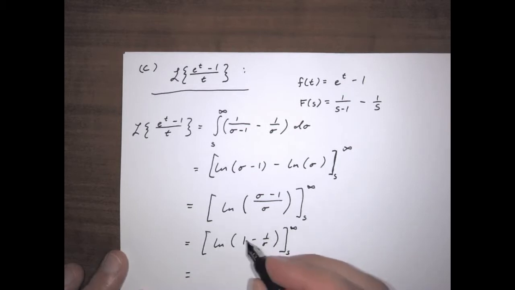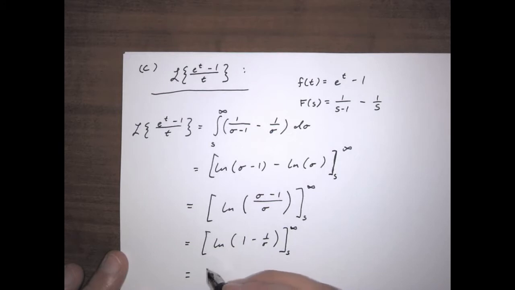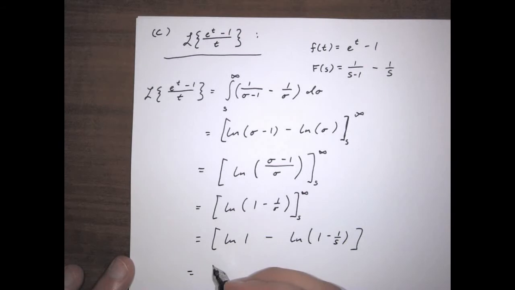1 minus 0 is 1. Natural log of 1 is equal to 0.